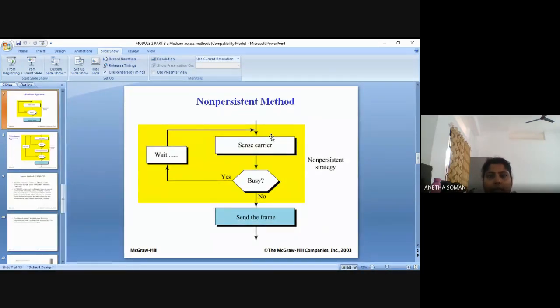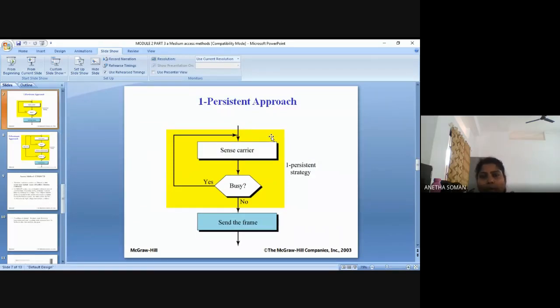Now the other method is called the one-persistence approach. Now what is this one-persistence approach? One-persistence means whenever a station wants to send a frame, it will first sense the link and check whether the line is idle or busy. When the line is idle, it will send the frame with a probability of 1.